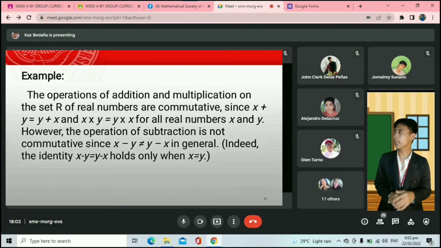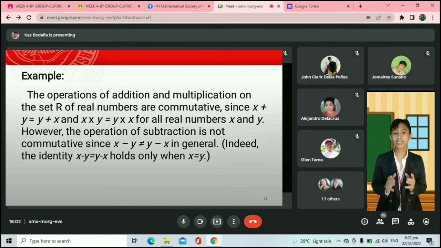However, the operation of subtraction is not commutative since x minus y is not equal to y minus x in general. Indeed, the identity x minus y equals y minus x holds only when x is equal to y.